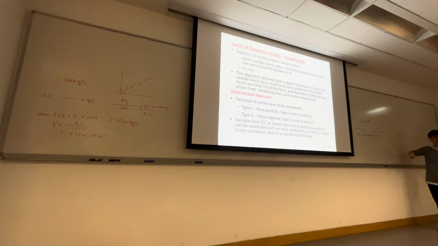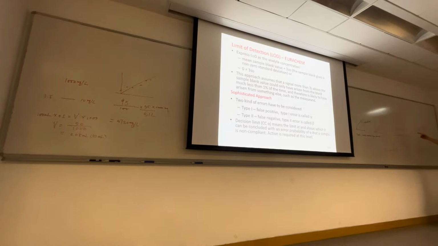The scenario is x larger than x bar b plus 3 sb. This is the scenario. So 1 tail, not 2 tail, okay? So when you go to check the t-table, go for the 1 tail. Of course, when we look at the t-table, if this is 10, that means the degree of freedom is 9.